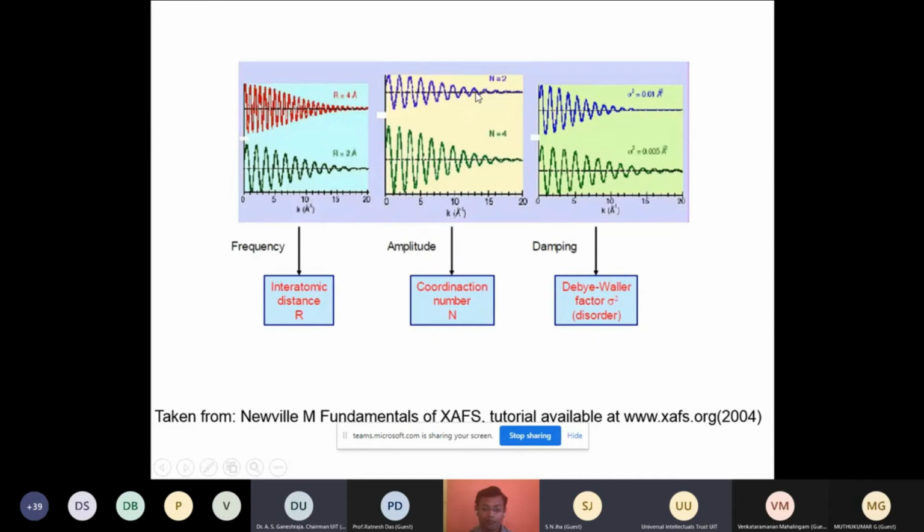You can see with coordination number 2 and coordination number 4 how the sine wave changes. Similarly, with the Debye-Waller factor, if it is increased from 0.005 to 0.001, it decays faster, so beyond 10 it decays. This just highlights how different structural parameters give rise to changes in the EXAFS signal.